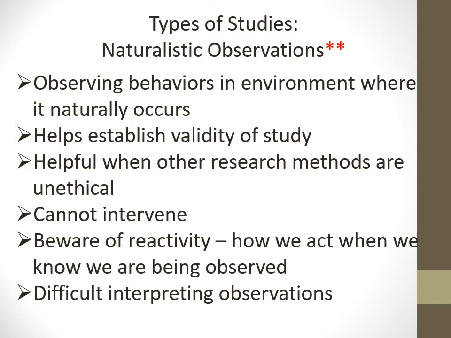This is a helpful study type when you can't cause something. So, for example, it is definitely not ethical to try to develop PTSD in a person just so you can study it. So, you need to watch the people who already have it.